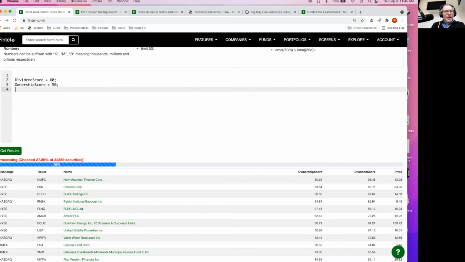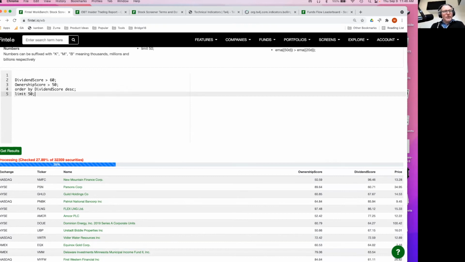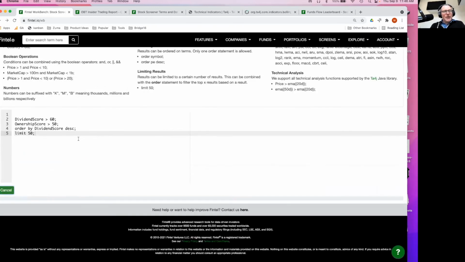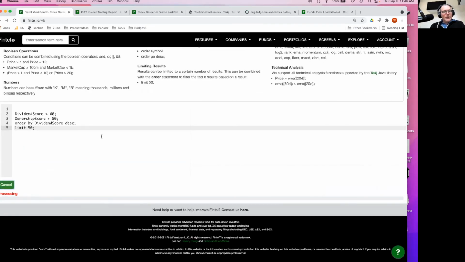Would I say order by dividend score descending, limit 50? Well, that's interesting, but it's not going to get me the companies that have a high ownership score, right?